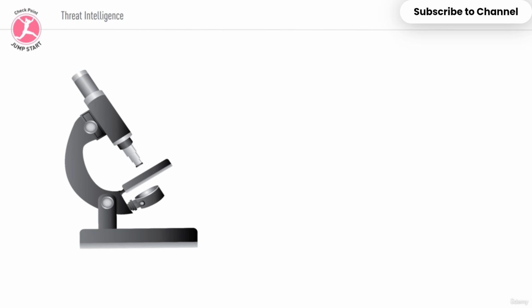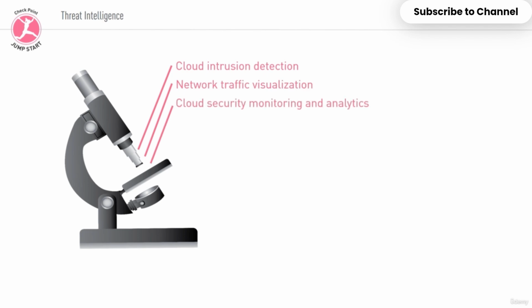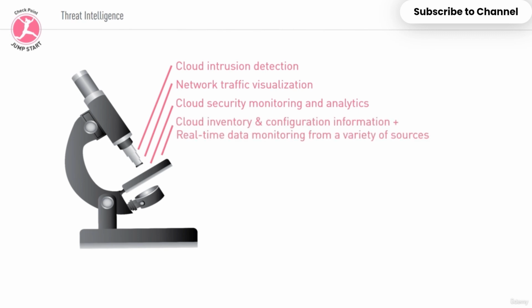CloudGuard delivers advanced security intelligence, including cloud intrusion detection, network traffic visualization, and cloud security monitoring and analytics. It combines cloud inventory and configuration information with real-time data monitoring from a variety of sources from Amazon AWS, Microsoft Azure, and Google Cloud Native Log, packet capture, appliance, and alert tools.